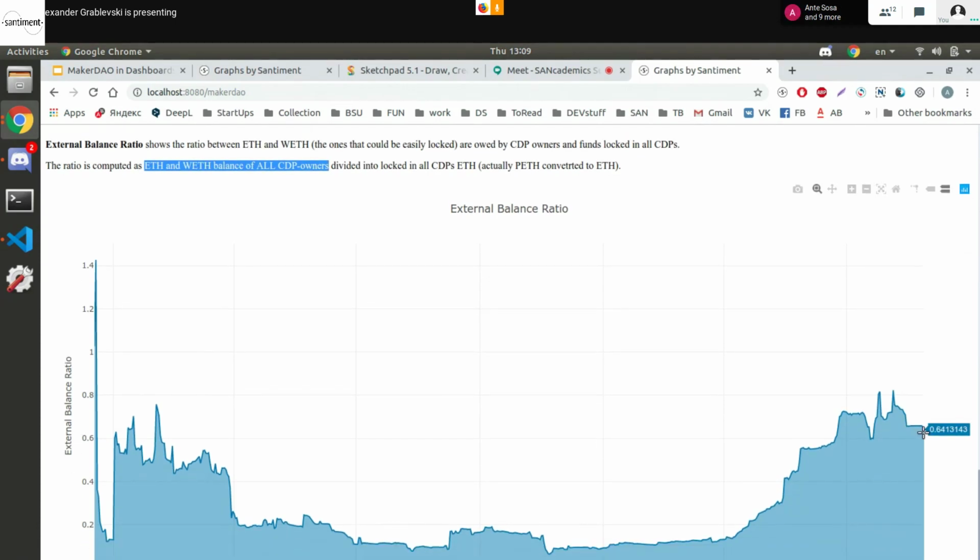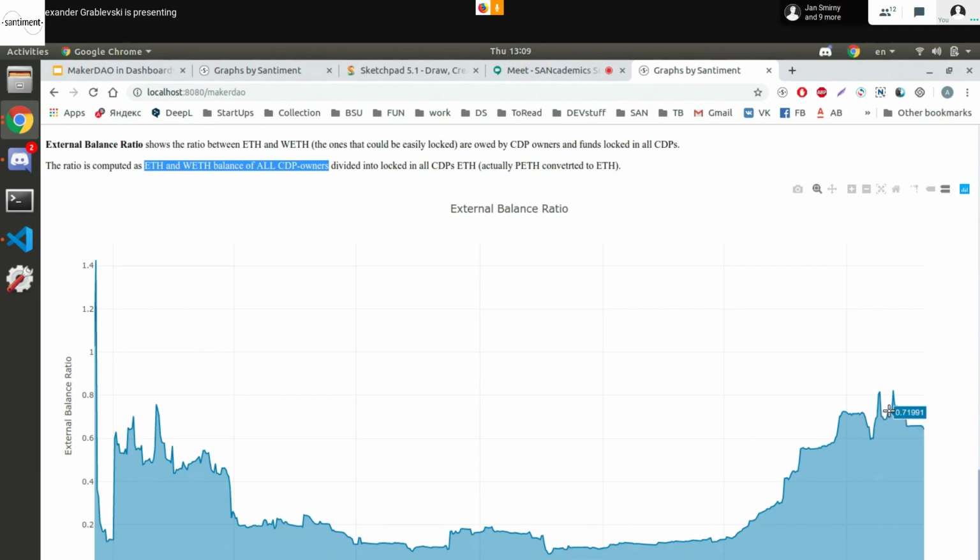So the higher this metric is, the more funds could be locked, and that helps you again to measure how well the system is protected. If you see at this point, for example, that not many tokens could be converted fast, that means maybe it's less safe.